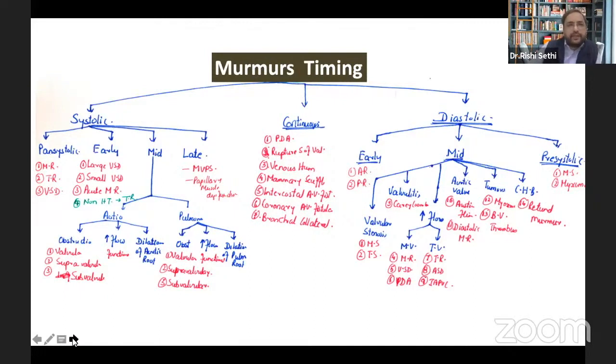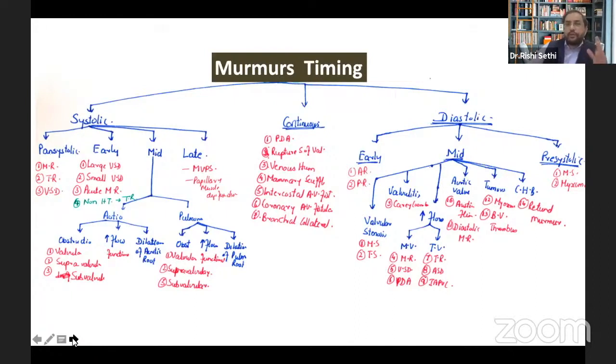For each of these, there are hardly two or three murmurs, except a mid-diastolic murmur or an ejection systolic murmur. When you talk about a pan-systolic murmur, an early systolic murmur, a late systolic murmur or an early diastolic murmur, these have very clear definitions and very specific causes. So whenever we use these terms, we are actually committing ourselves to a diagnosis.